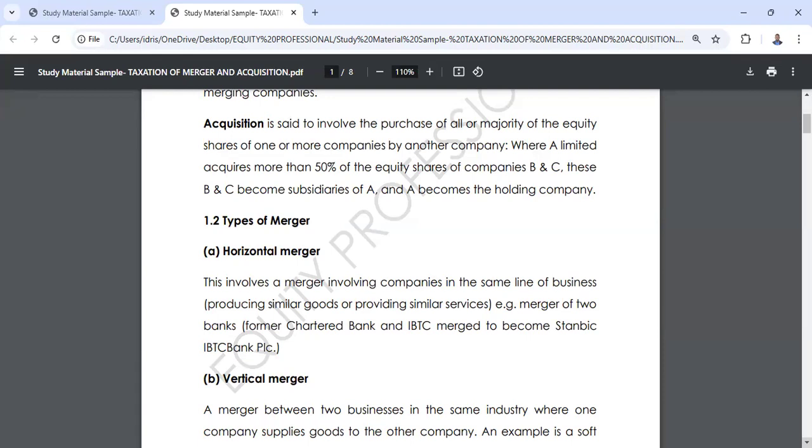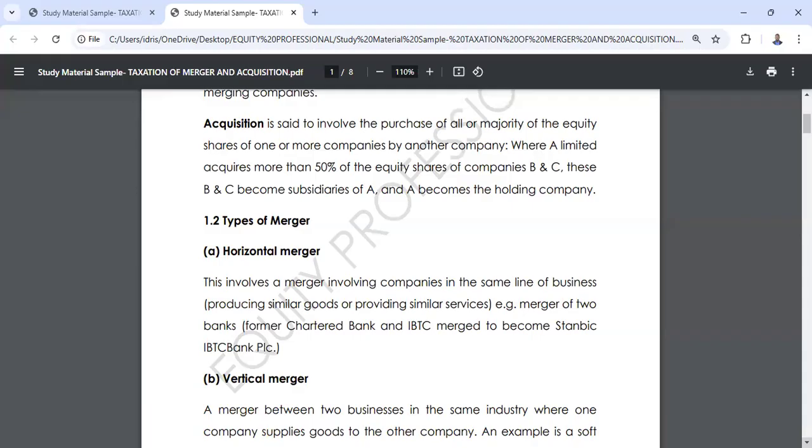That one is a horizontal merger. Chartered Bank is a commercial bank, IBTC Bank too, they are in the same line of business. They now merge together to become a larger company, because when they merge together, the assets will increase. It will create value for the asset.